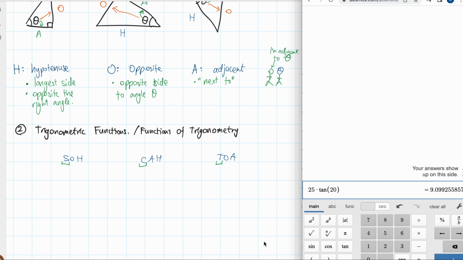So we're going to write this out as the equation that this mnemonic belongs to. Sine theta is equal to O over H. Now, this mnemonic helps you find that equation. Let's see the connection.